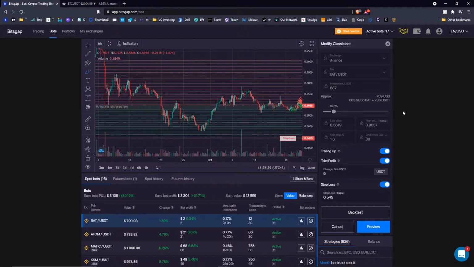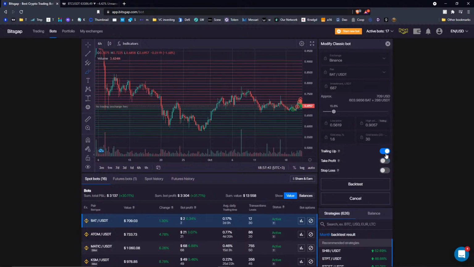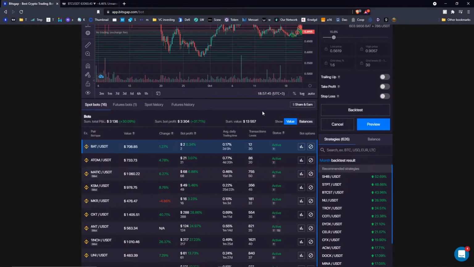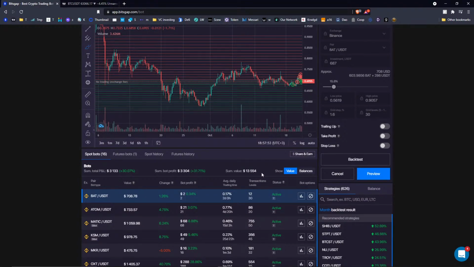The reason is that as of now, it's not possible when the bot is in active status to change the grid levels and the grid step, because that would require us to close all of the open orders and allocate new buy and sell orders with new settings. It's pretty much the same as just closing the bot.